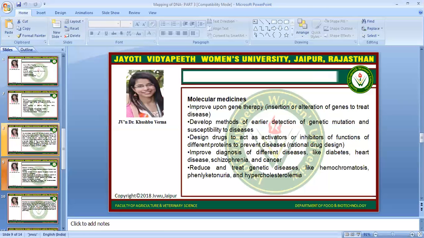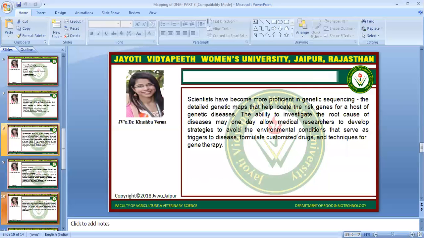It helps in reducing and treating genetic diseases like hemochromatosis or hypercholesterolemia. Scientists have become more proficient in genetic sequencing, and the detailed genetic map helps locate the risk gene for a host of genetic diseases.